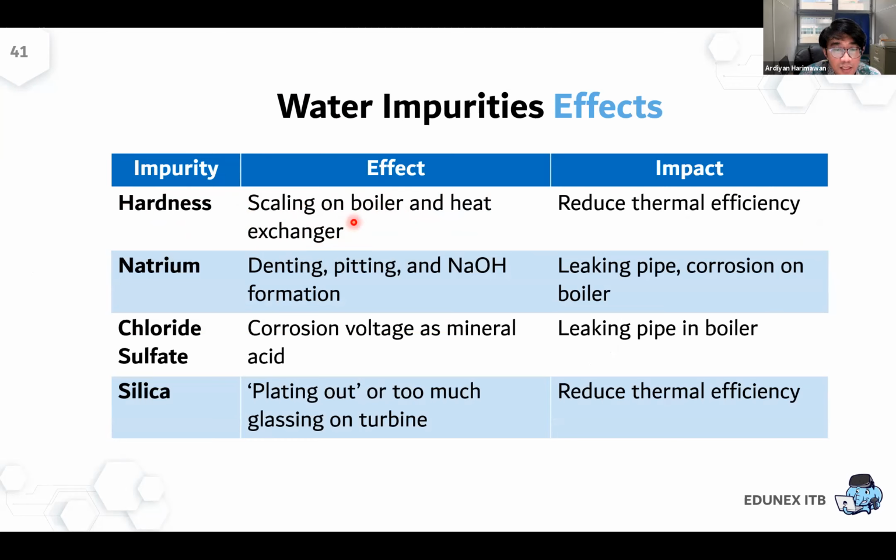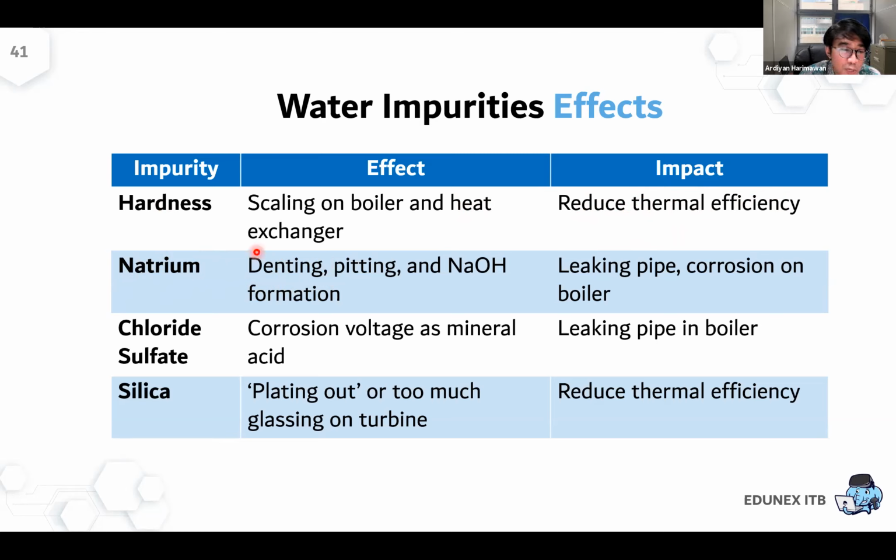So if you have scaling in the heat exchanger, the heat exchange will be reduced and the thermal efficiency will be reduced. Ya, jadi perpindahan panasnya kan akan terhambat. How about the sodium? Sodium can cause denting.